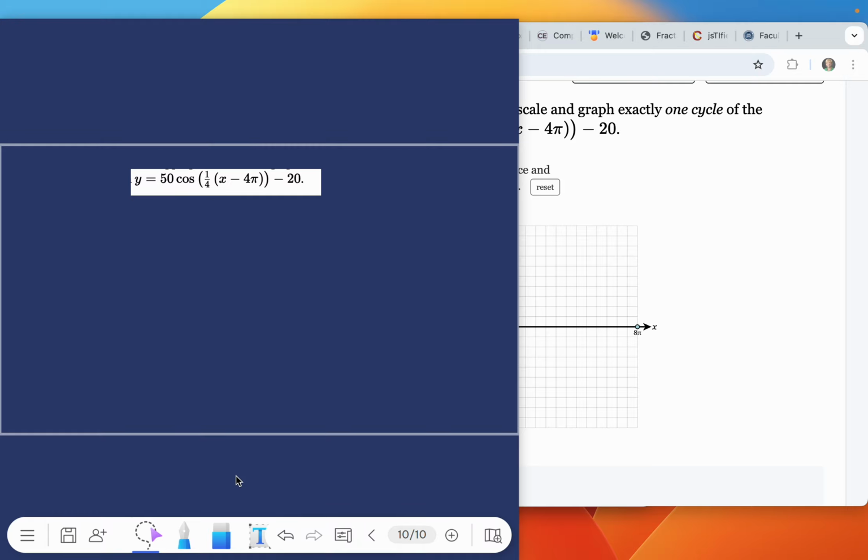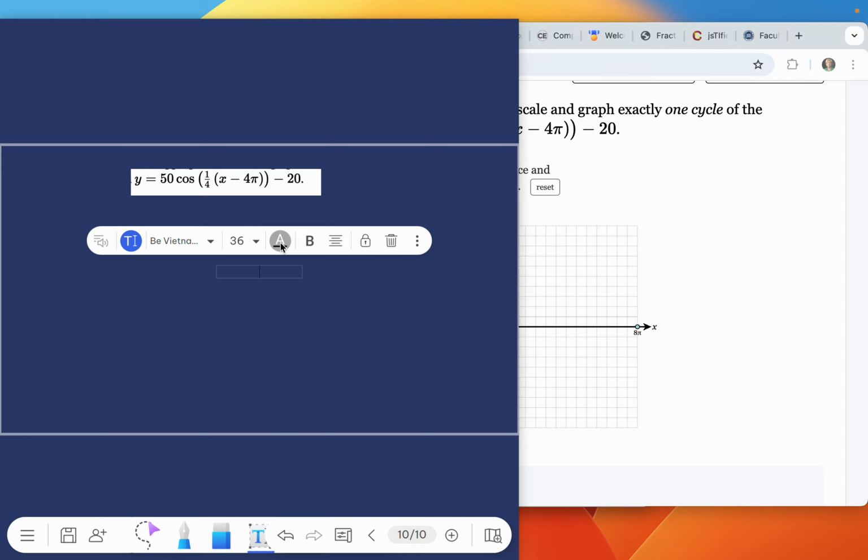So we know the period is 2 pi over 1/4, which will be times 4. So we know the period is 8 pi. And so we're going to count by 8 pi over 4, so we're going to count by 2 pi.